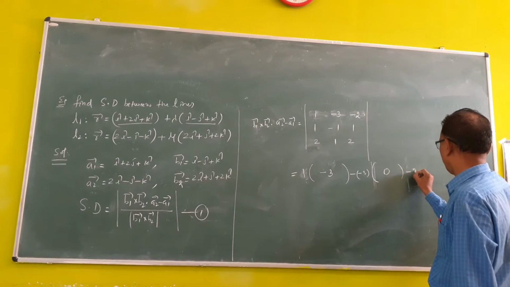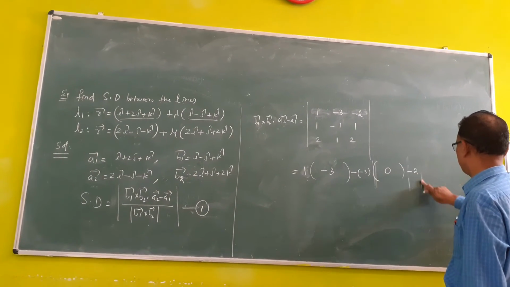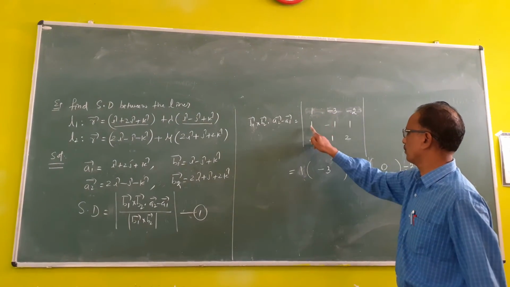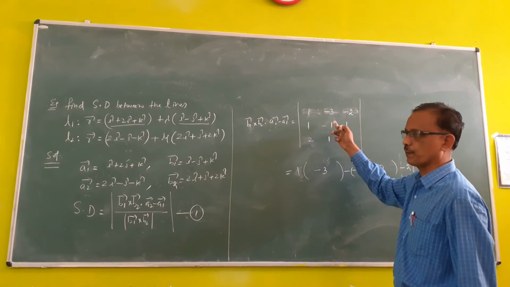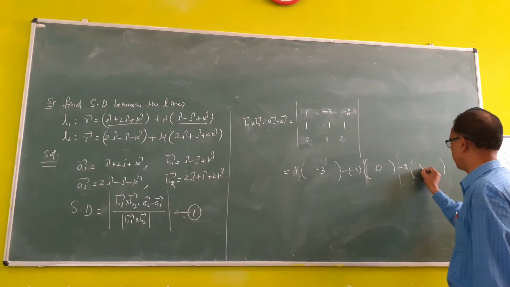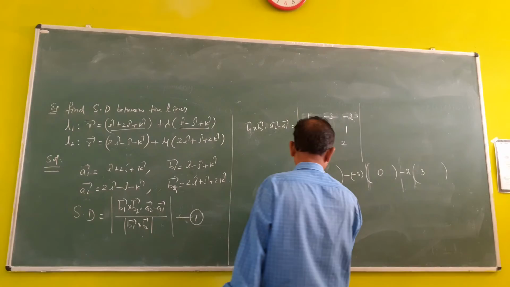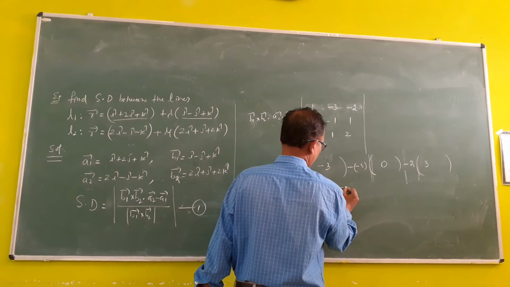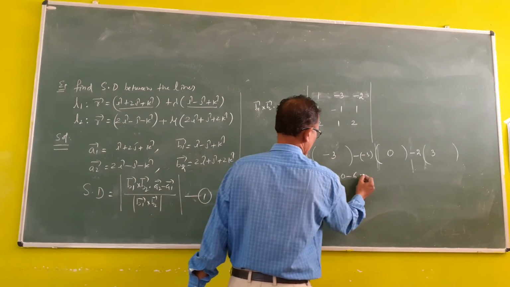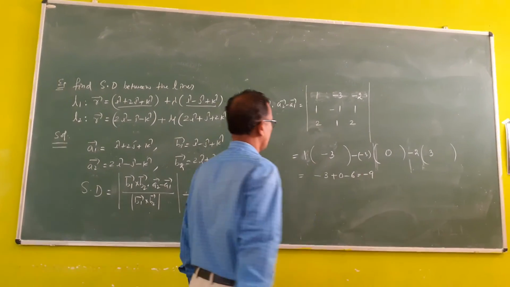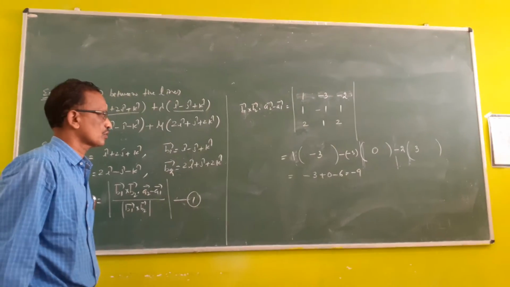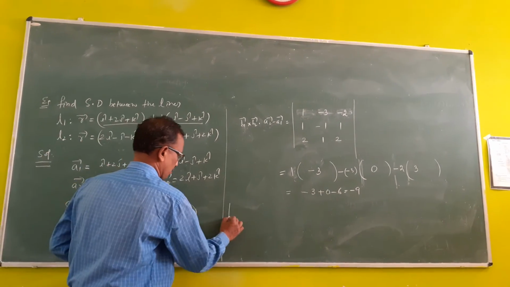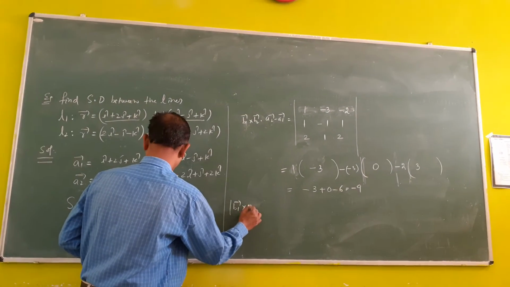Next, remove the column and row for the next value: minus 3 into 3, which is 0 minus 6, and this is equal to minus 9.